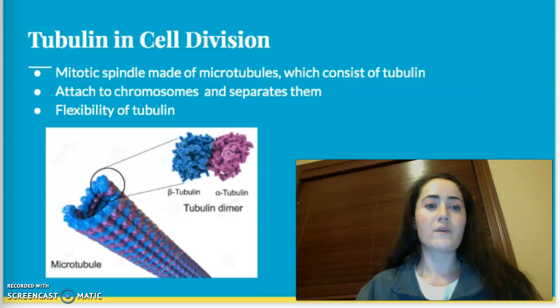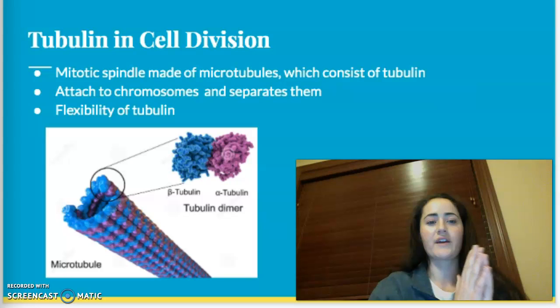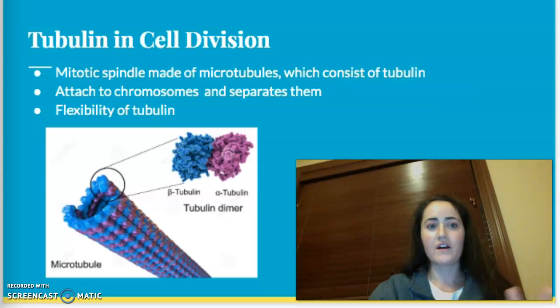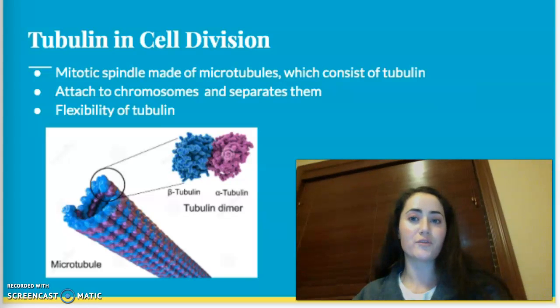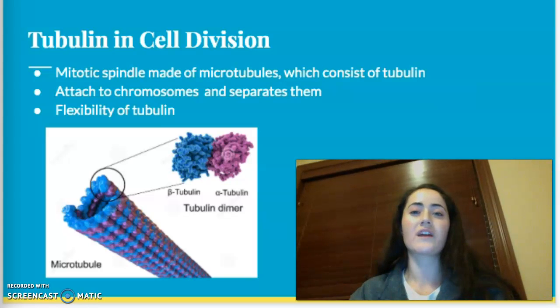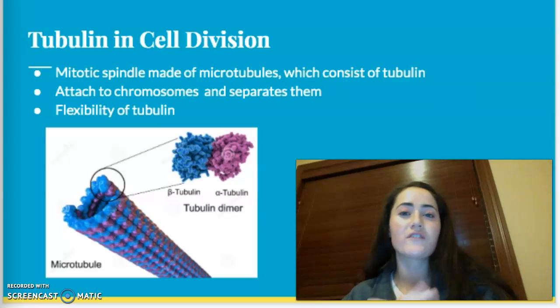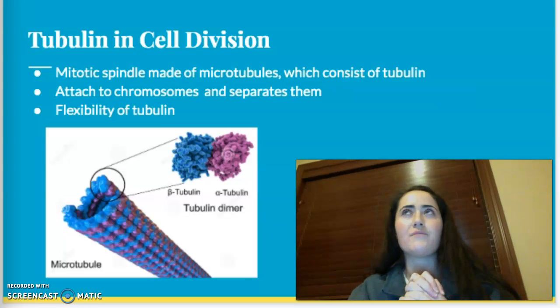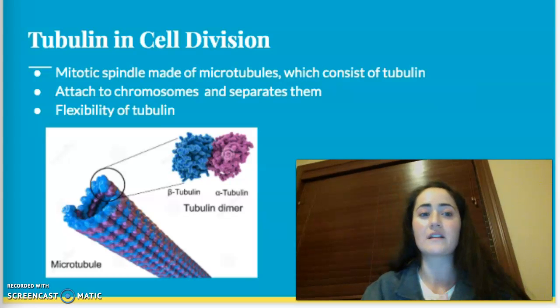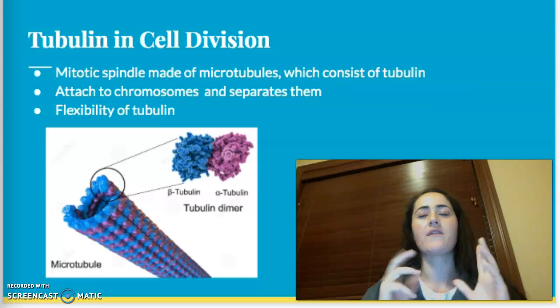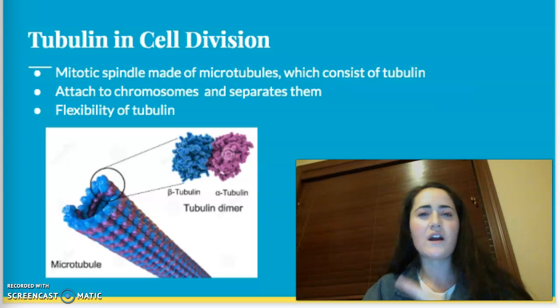One thing I did want to mention is that tubulin creates these long chains of microtubules, and that's going to make up the skeletal structure for cells. One really interesting thing I found about tubulin is just how flexible it is, and this is really crucial when it comes to the formation and shifting of microtubules.